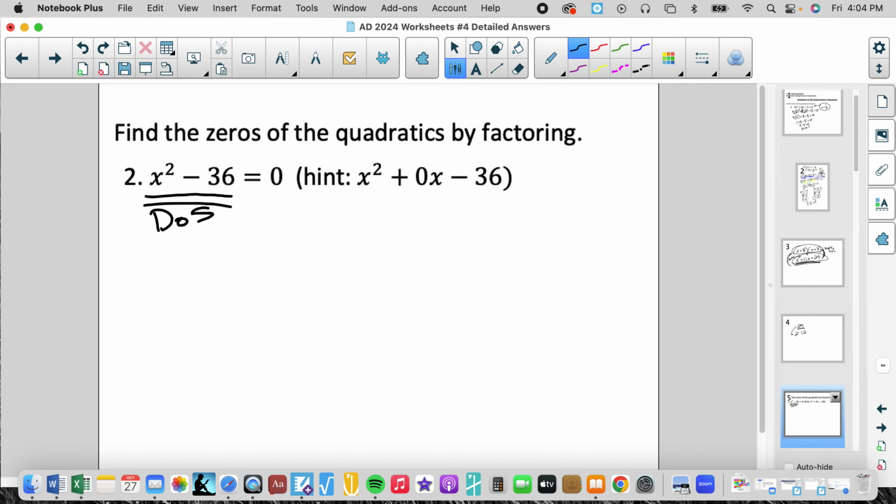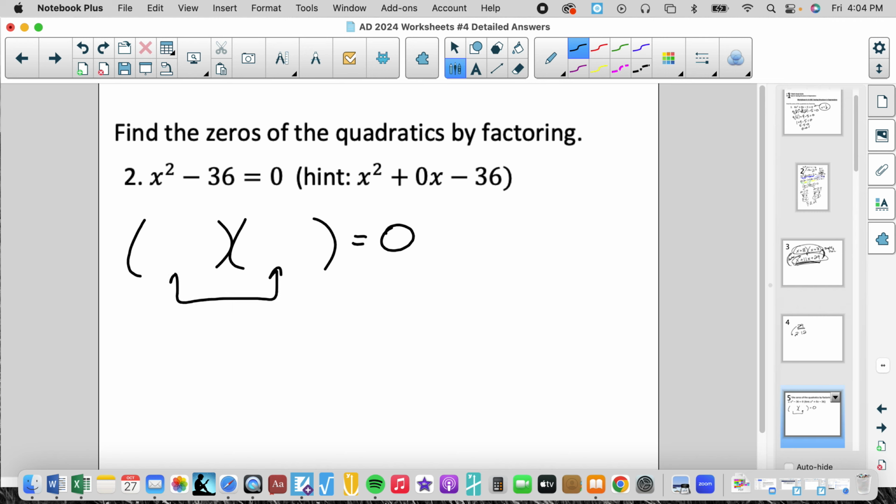This is the difference of squares. So what two binomials produced that? Remember, what do they have to be in order to produce a difference of squares? Conjugates. Yes. Did you remember that from section worksheets 3? Yeah, we're going to have conjugates.